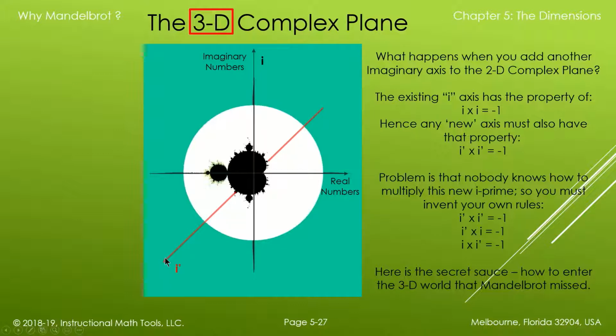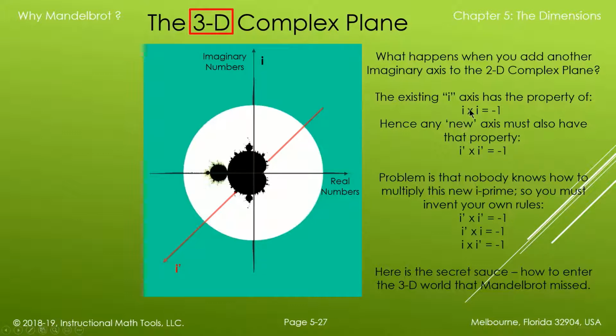To keep it in the complex plane, I had to name it I prime. When you name it I prime, you're starting to do all kinds of multiplications with i's and I primes. There are no rules for I prime. I had to set up my own arithmetic rules and teach my computer program how to handle that.